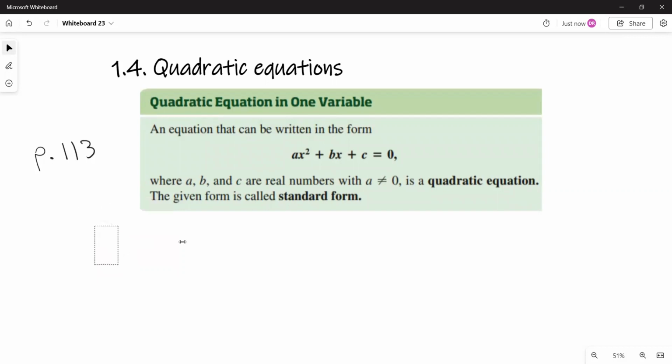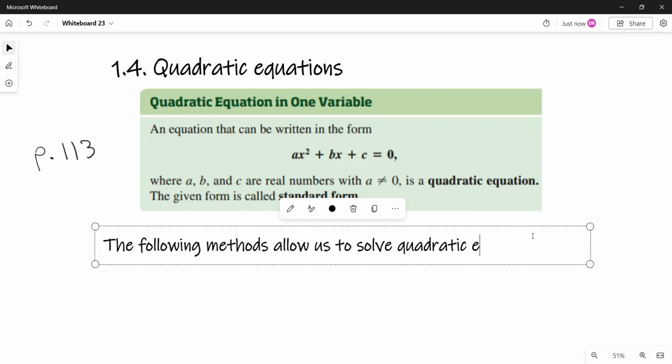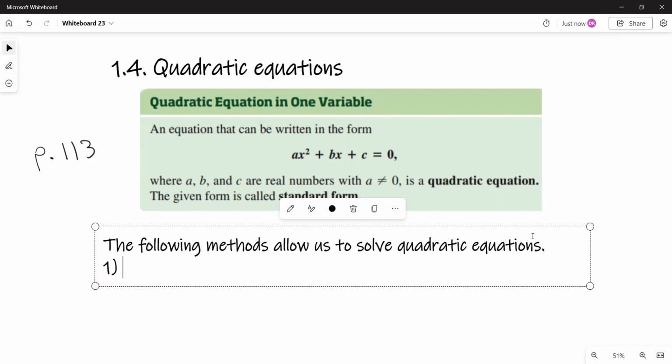So we're going to see methods for solving a quadratic equation. The following methods allow us to solve quadratic equations. The most basic one, and the first you probably learned when learning elementary algebra, is factoring.